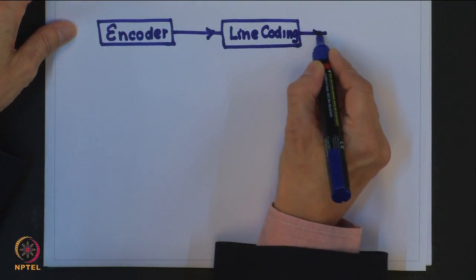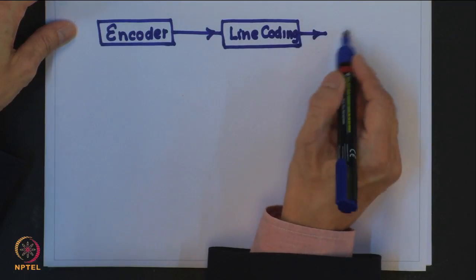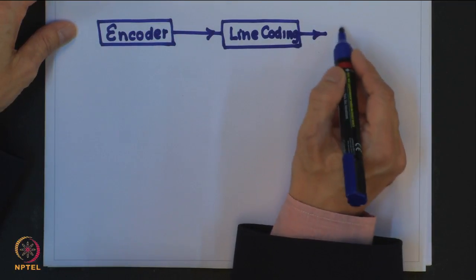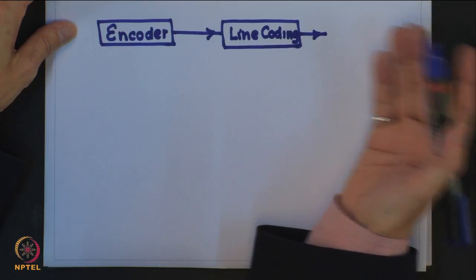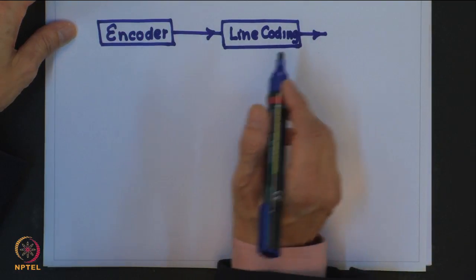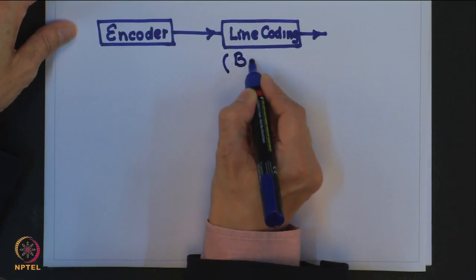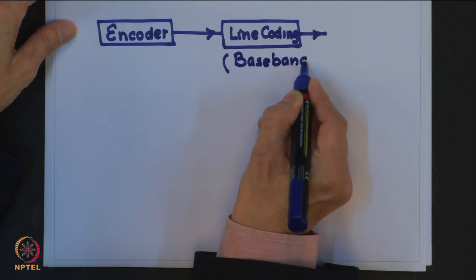So, the output of a line coder will be a physical digital signal, and then this signal can be modulated using carrier if required, and then it is transmitted on the channel. So, this is a form of baseband modulation.